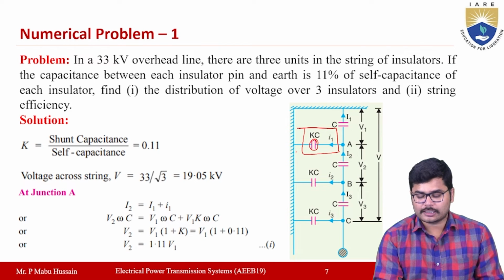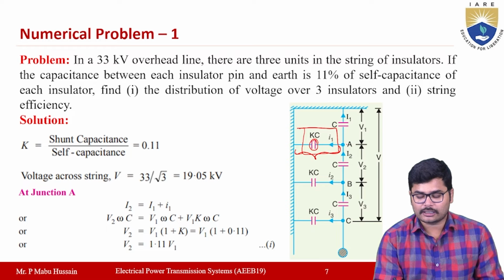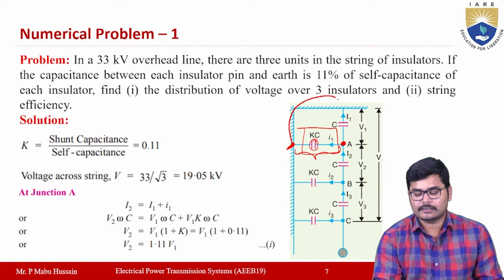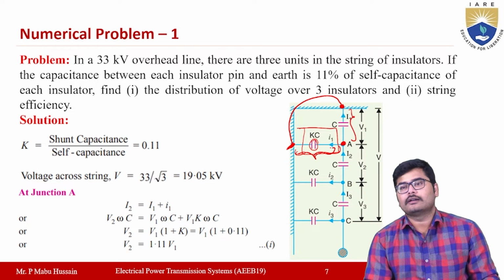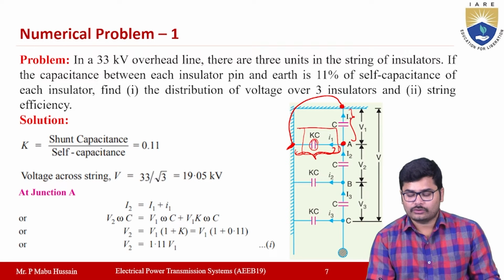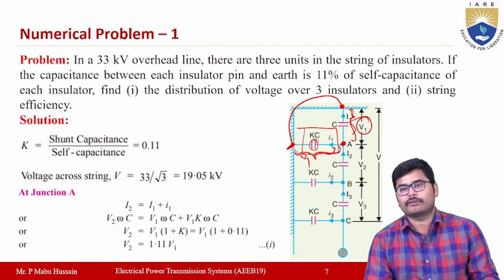If you observe, the voltage across this capacitance is nothing but the voltage across this pin and this point, and this point is the same as this point. So the voltage across these two points is the same as the voltage across K C. The voltage across this is V1, so here also the voltage is V1 only.